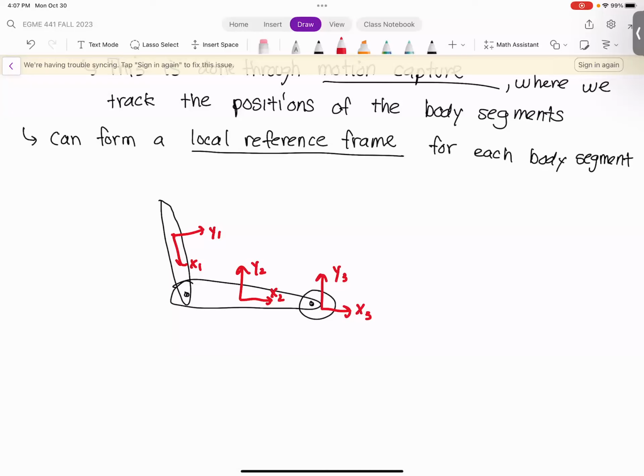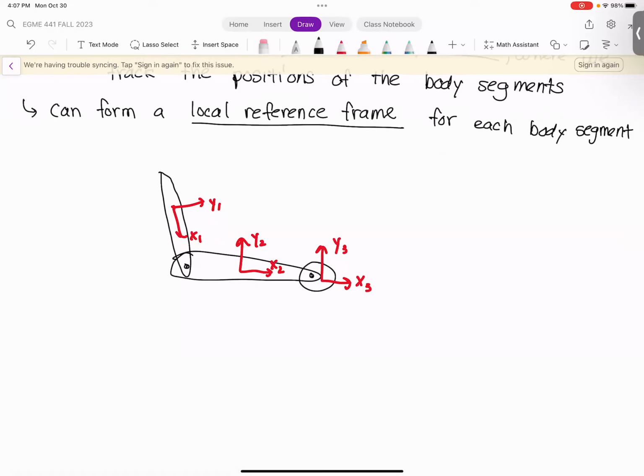And we can label each of those systems with the directions of their X and Y. This is important because by establishing a local coordinate system on each body segment, we can look at the difference in orientation of the different coordinate axes to quantify the relative motion or the relative positions of each of the body segments.